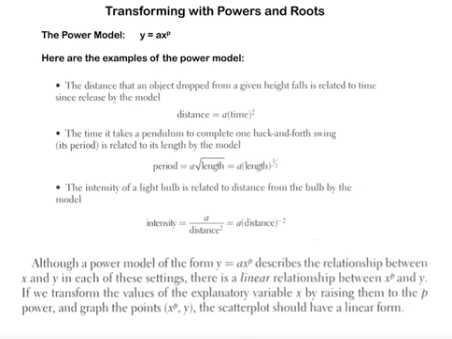One of the ways that we could possibly do that is by transforming with roots and powers. So we'll start talking about the power model. The power model says that y is equal to a times x to the p. Here are some examples of what the power model might look like. The distance an object falls when dropped from a given height is related to time since released by the model distance equals a times time squared.